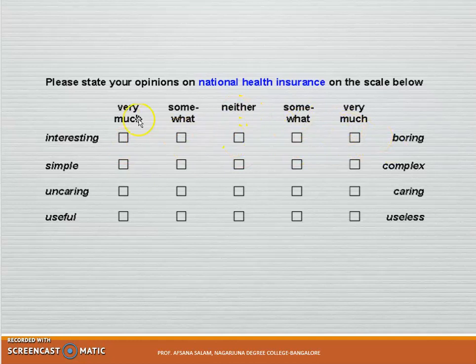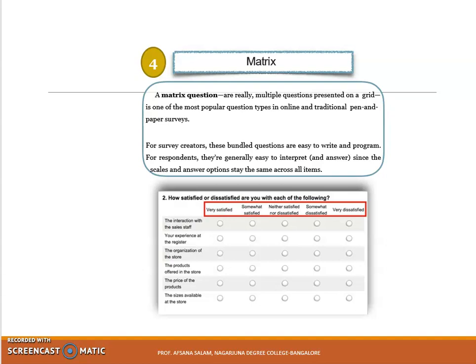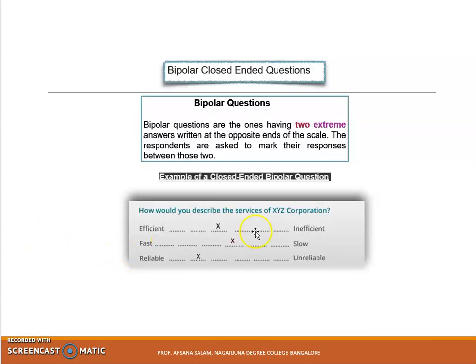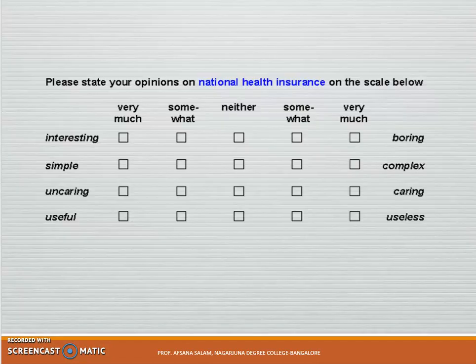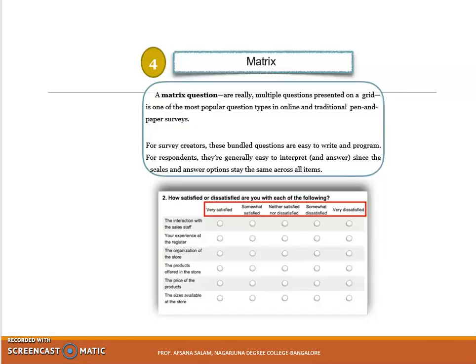You are not able to judge this or that. So this is going to be your scale. You have different options, right? So that becomes your scaling, or measurement scale, we name it as measurement scale. When you are using the numbers there, that becomes your measurement scale.